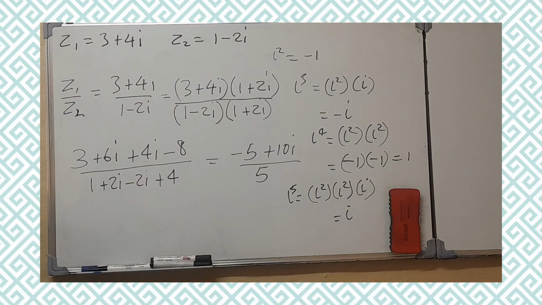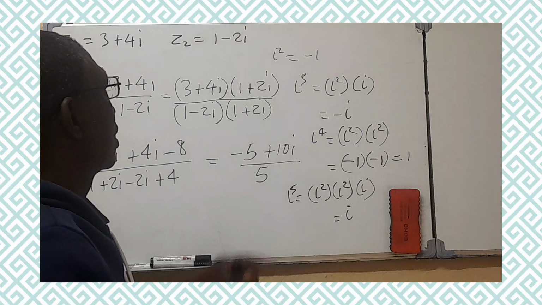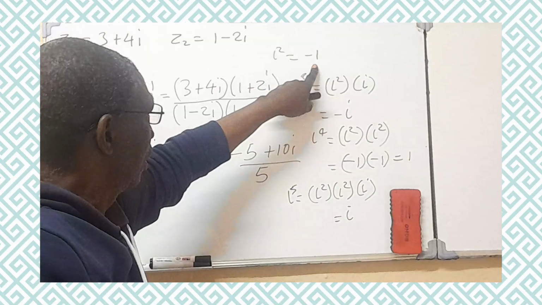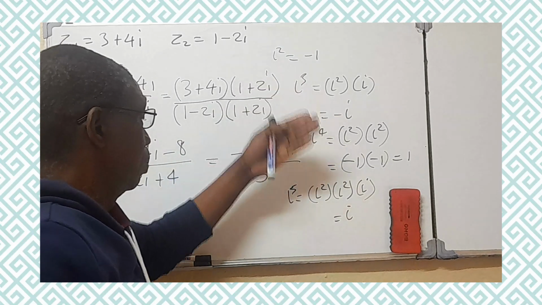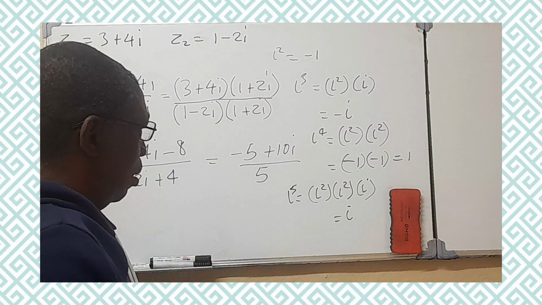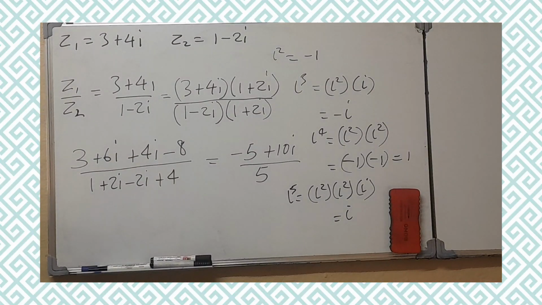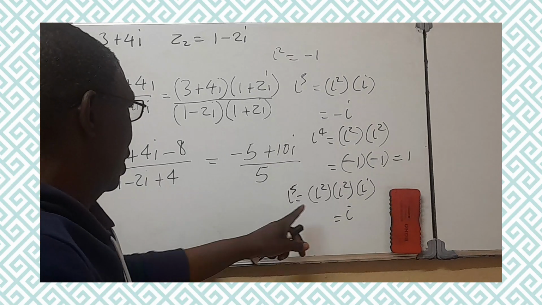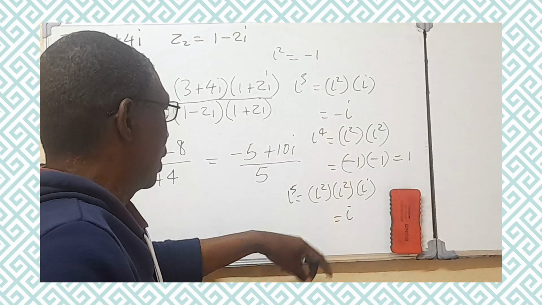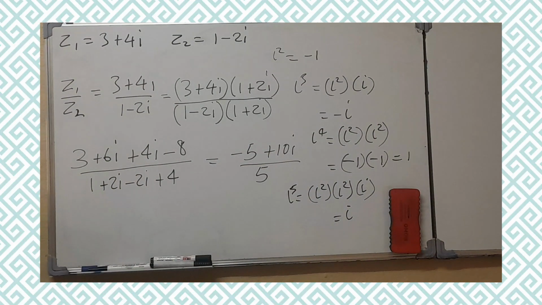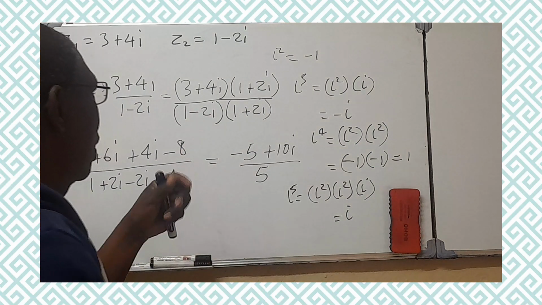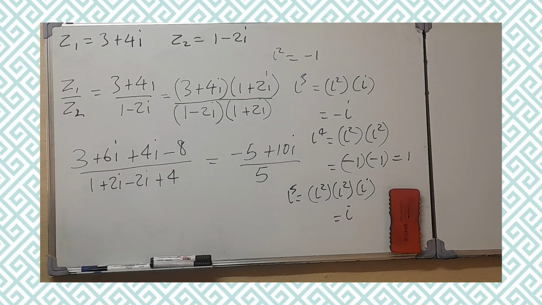The most important thing to remember is to know that i squared is minus 1. From there, you can manipulate the powers. Doesn't matter how many times you try to multiply i, start with i squared is equal to minus 1, and from there you can proceed and find whether it's i or it's minus 1 or it's a plus 1.